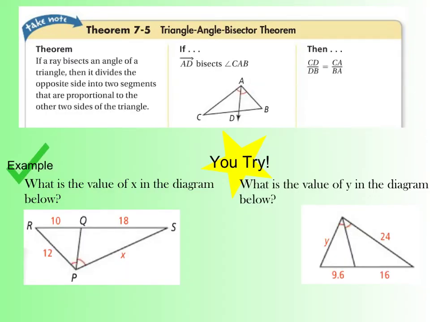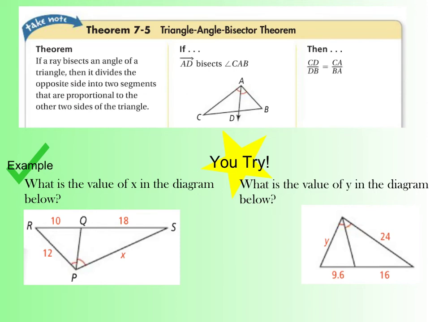Okay, so we've got one more thing we have to talk about, and that's Theorem 7.5, which is called the triangle angle bisector theorem. So obviously I'm going to be talking about an angle bisector. It says if a ray bisects an angle of a triangle. So here I have a ray, and it has bisected A, cutting it into 2 congruent pieces. Then what's true about it is that that opposite side is going to be divided in a proportionate way.